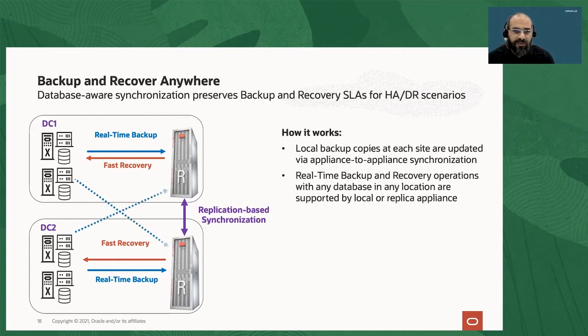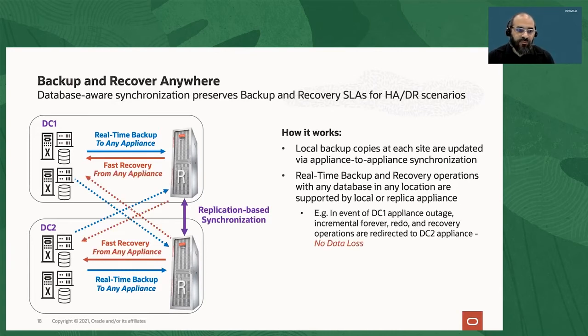So in case of an outage, Data Center 1 can connect to the Data Center 2 ZDLRA and vice versa, to back up and restore from either ZDLRA. This is very important from a business continuity perspective, and now it is transparent for the user.